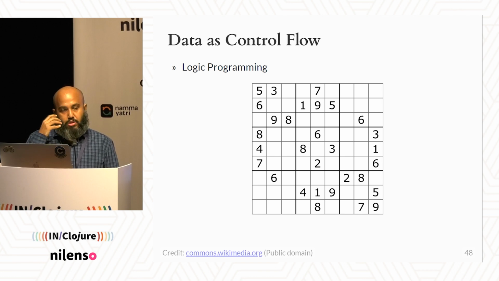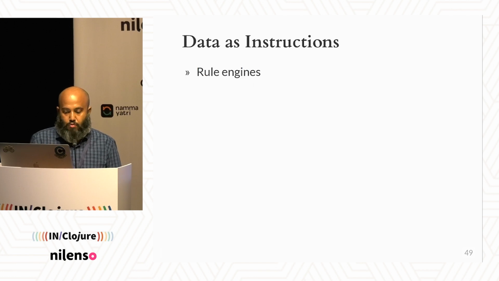And then the logic program will solve this, right? The logic program itself is written in terms of data, in terms of constraints. It will say that all numbers should be unique in a row and unique in a column and stuff like that. And then some internal SAT solver or whatever else will solve it, right? So that is another example of data as control flow.